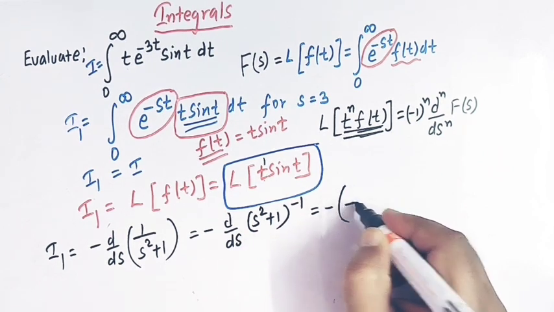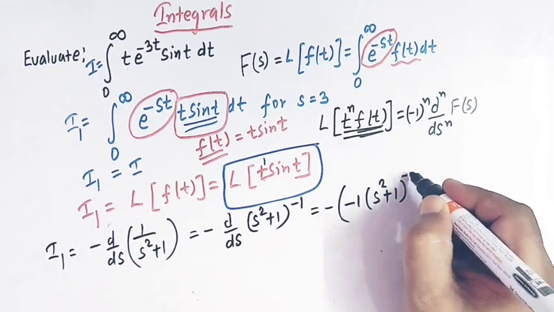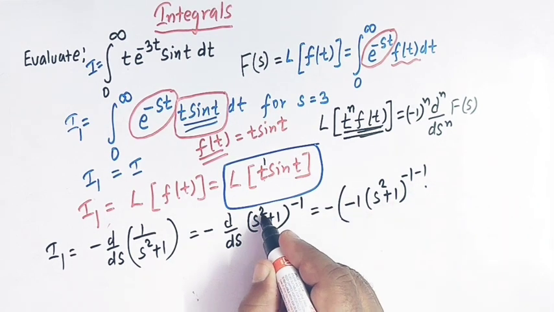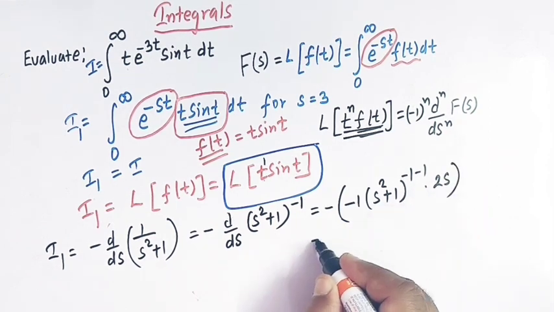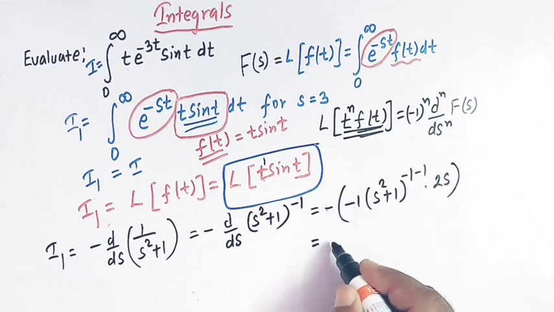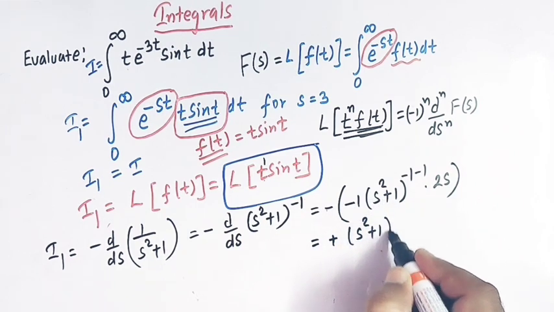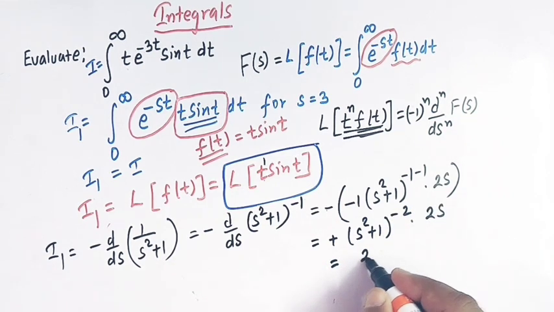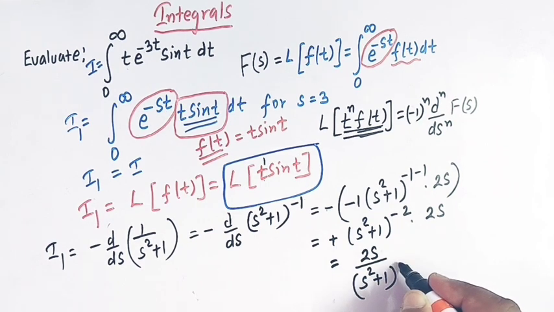So we have minus 1, then we have s square plus 1 raised to minus 2, and then by chain rule the derivative of s square plus 1 is equal to 2s, right? So now see, minus and minus becomes plus, and here we have s square plus 1 raised to minus 2 times 2s, so that is equal to 2s over s square plus 1 raised to power 2, right?